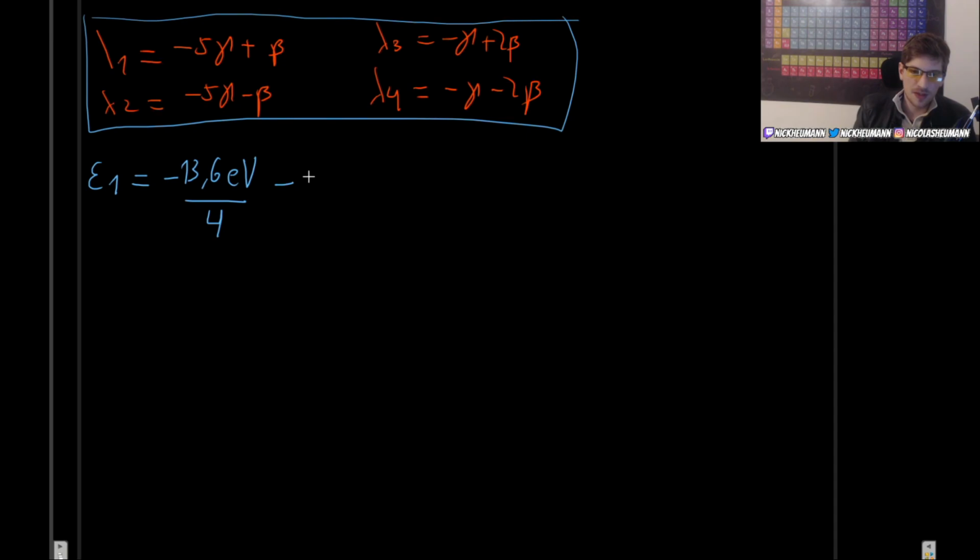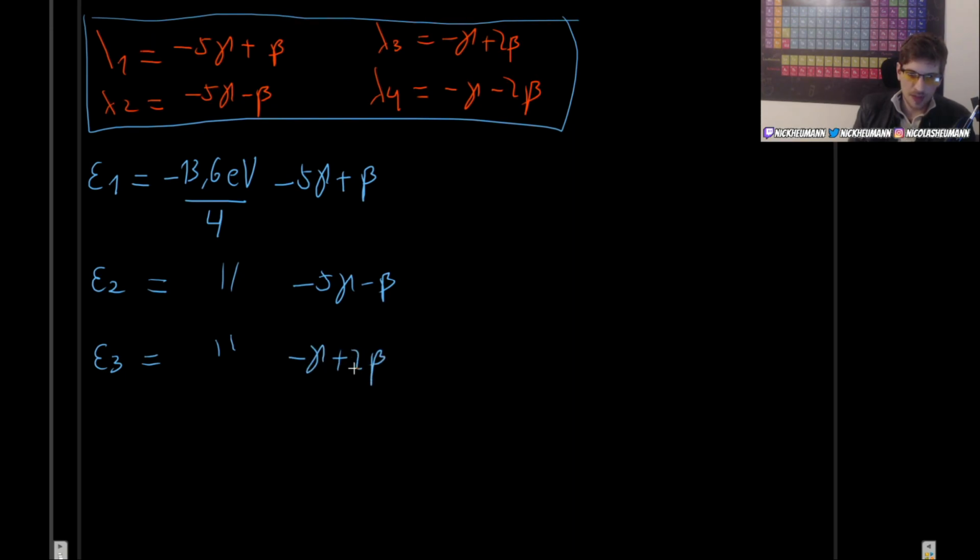So that would be, in this case, minus 5 gamma plus beta. And then the second energy would be the same thing, right? So the same, minus 5 gamma minus beta. And then the third energy, this same thing, but with lambda 3, minus gamma plus 2 beta. And then E4 would be same thing, minus gamma minus 2 beta.